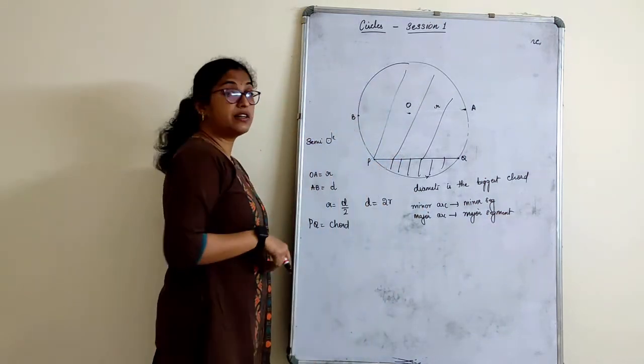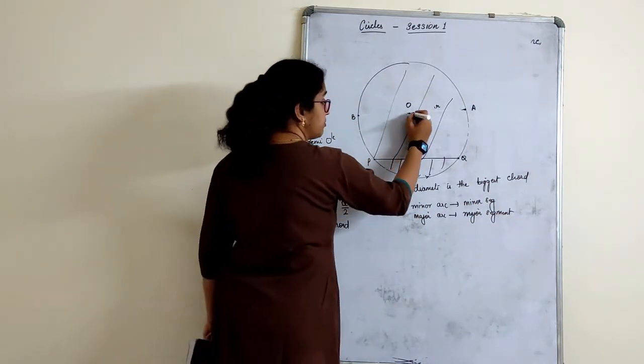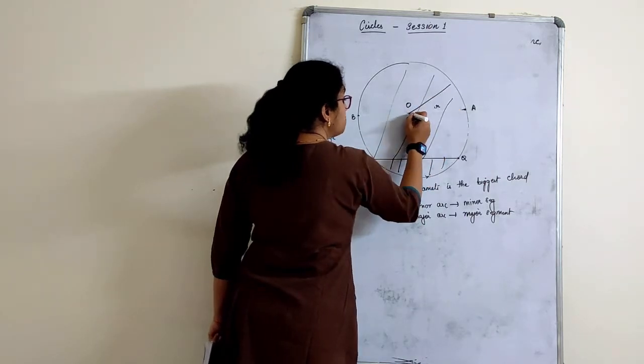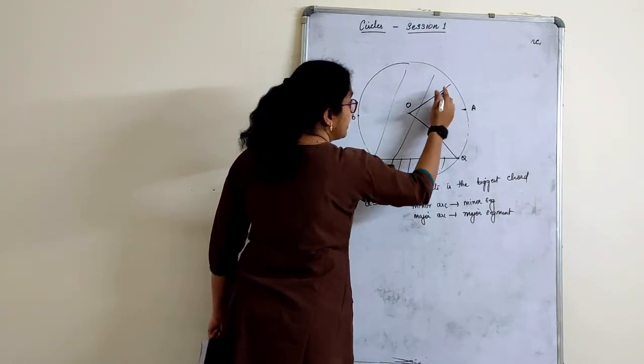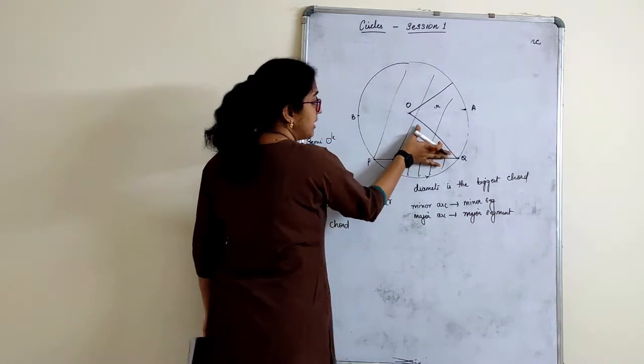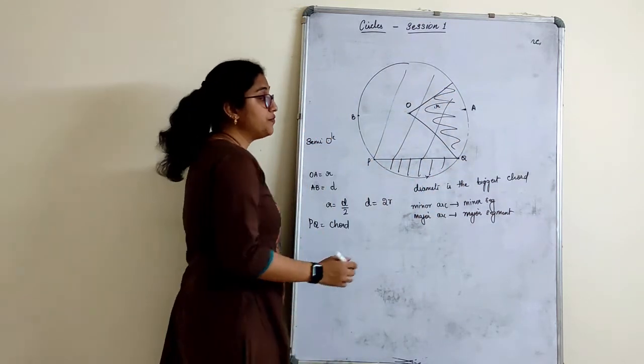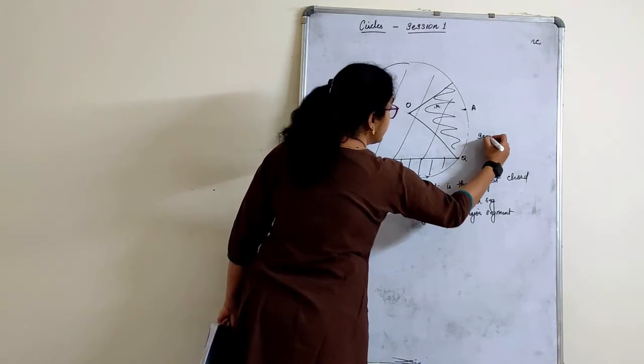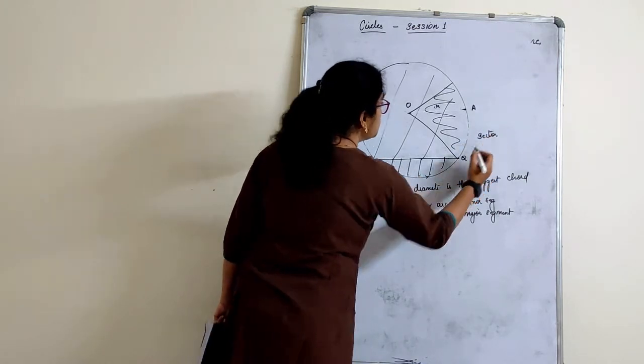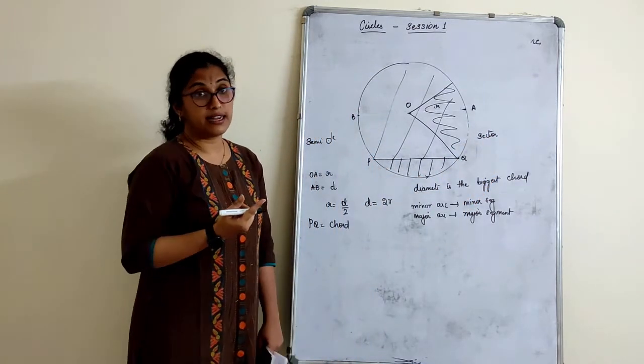Then there is another concept you have to know, the sector. The region bounded by two radii of the circle, this is one radius, this is another radius, is called a sector. About the sector, you will study that in your 10th standard.